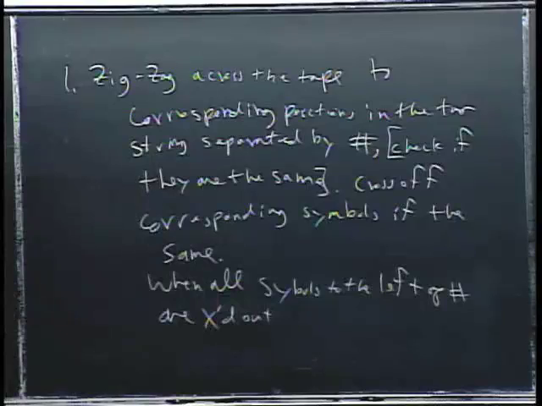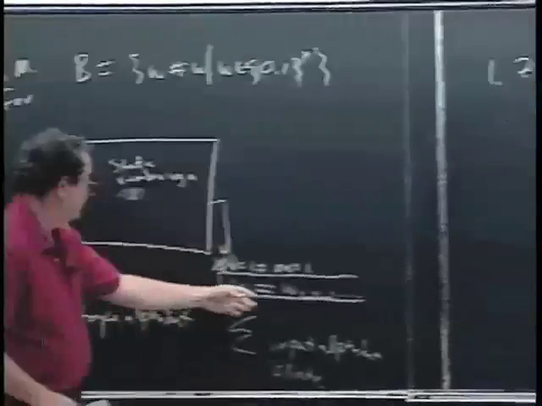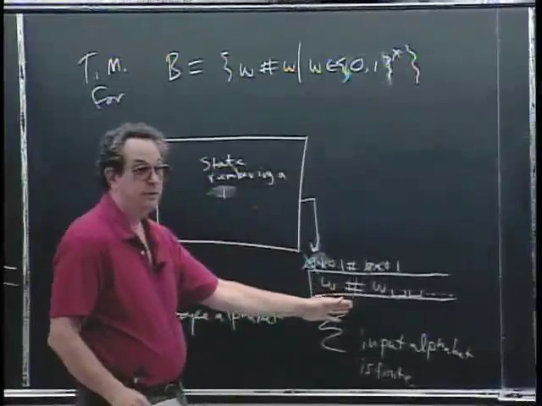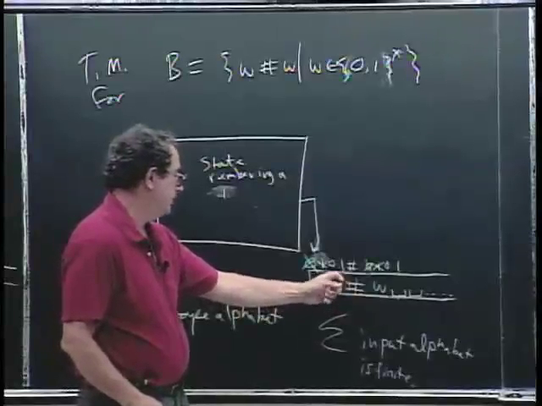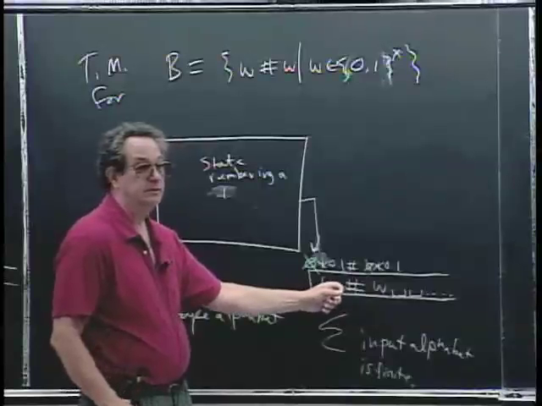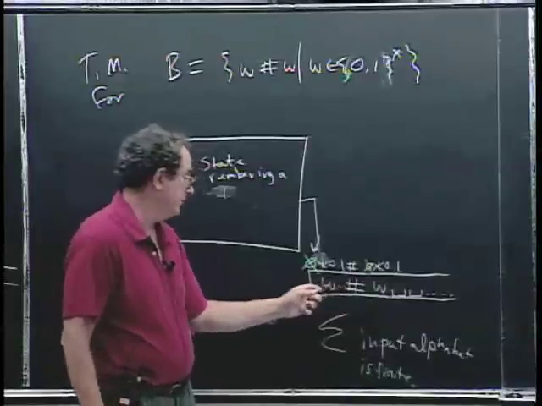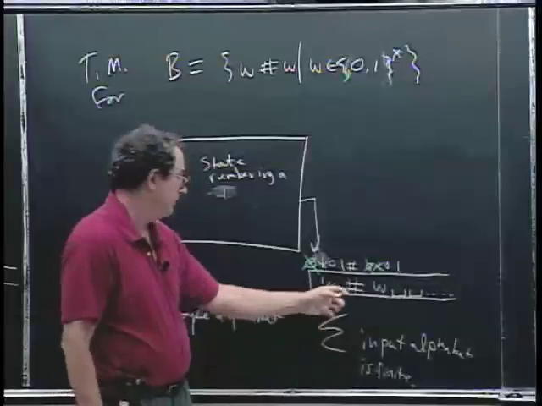When we're going back left, we pass the hash, and if we see just an X there, then we know that all the symbols on this side have been X'd out.